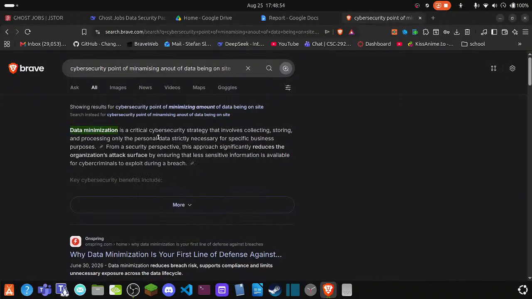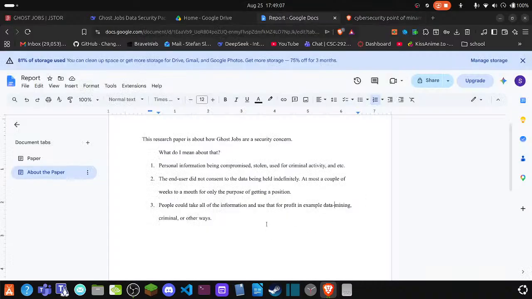Data minimization is a critical cybersecurity strategy that involves collecting, storing, and processing only the personal data strictly necessary for specific business purposes. It means not giving Windows your location, because for some reason it doesn't need your location.